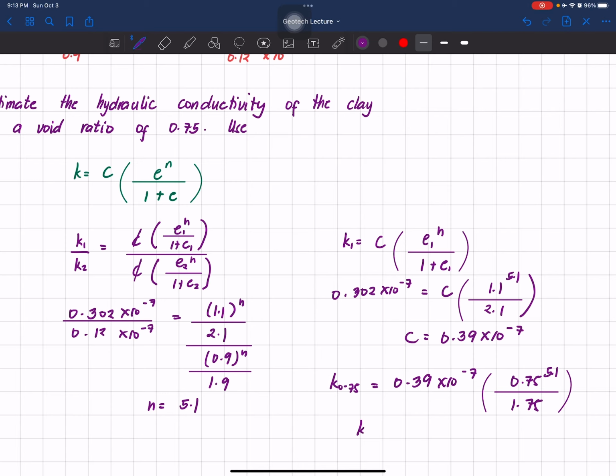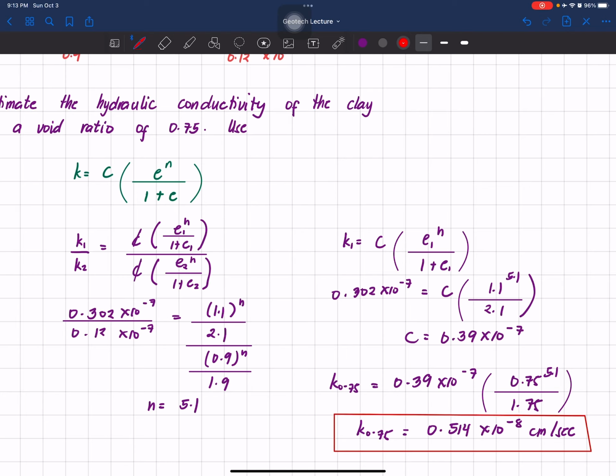So, what will now be our K at 0.75? Okay? So our K now at 0.75 is equal to 0.514 times 10 to the negative 8 cm per second. As easy as that, guys. So, ito yung magiging sagot natin.